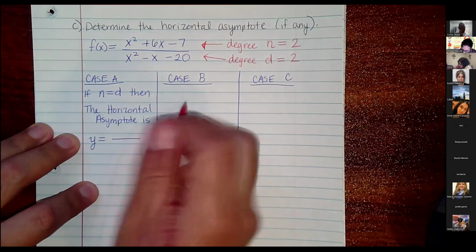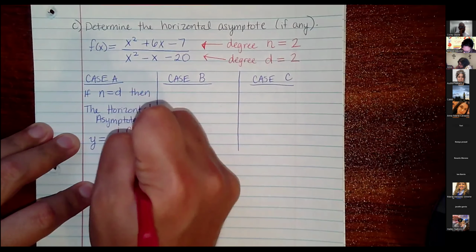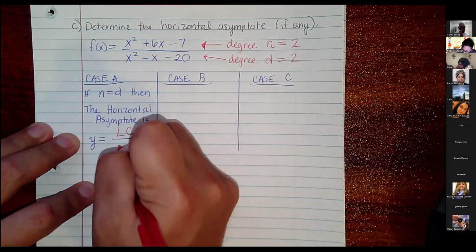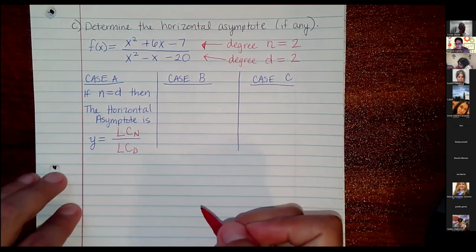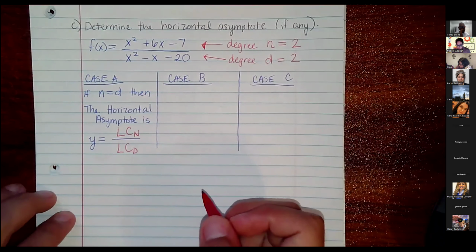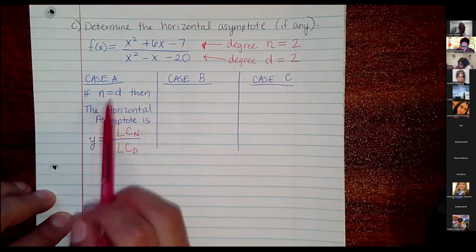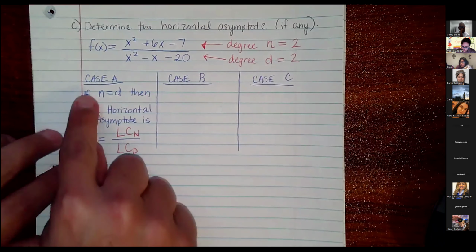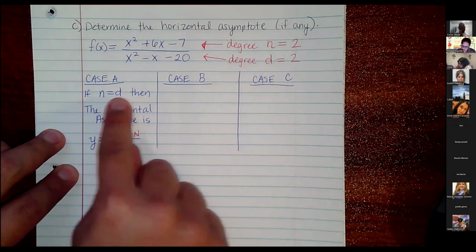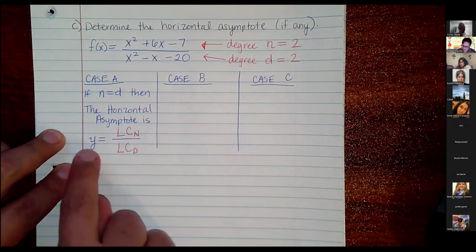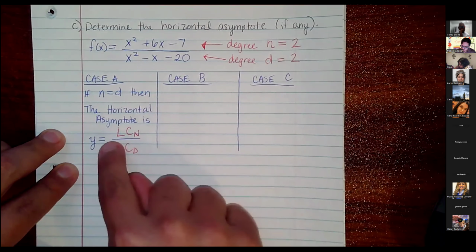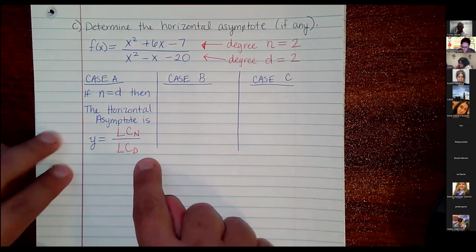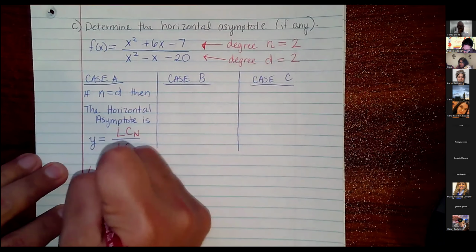I'm just going to write this down and I'll explain it in a second: LCN over LCD. So case A says if my numerator and denominator degree are the same, then the horizontal asymptote can be found by this equation. y equals the leading coefficient of the numerator divided by the leading coefficient of the denominator.